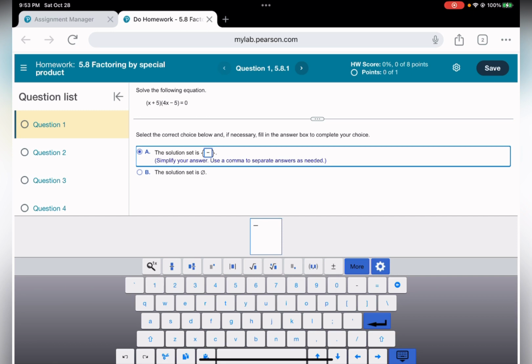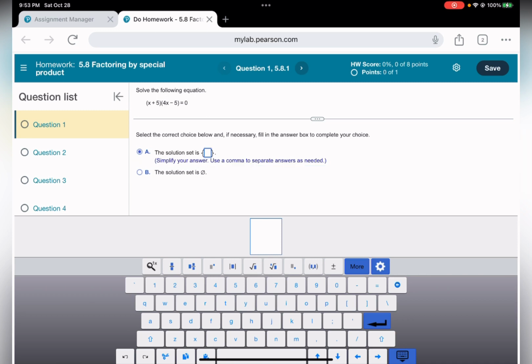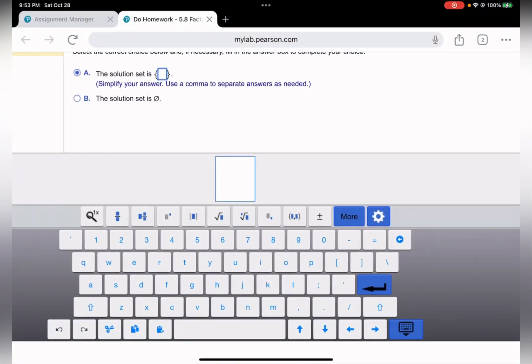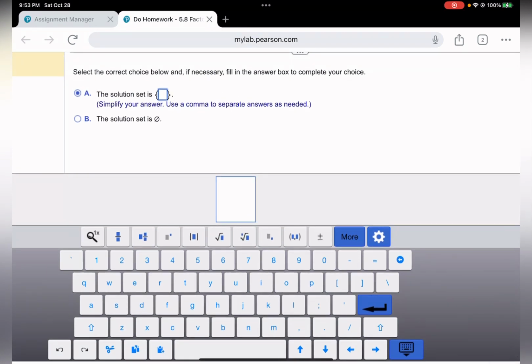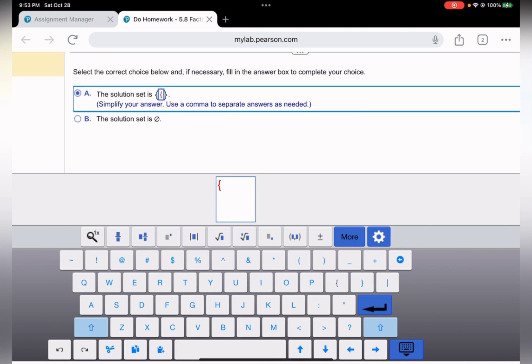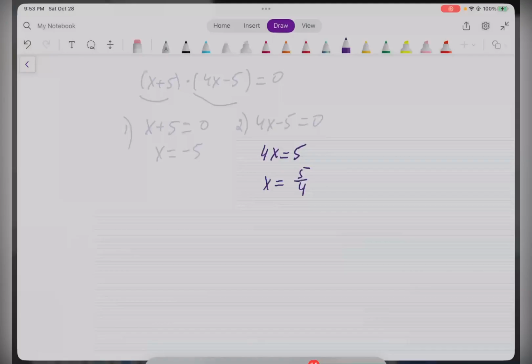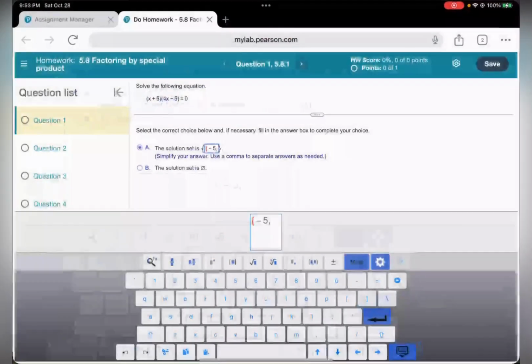Okay, let me put these curly braces first. Where are these curly braces? Those are square brackets. Let me see. Ah, here it is. So we said negative 5, comma, and 5 over 4, okay.